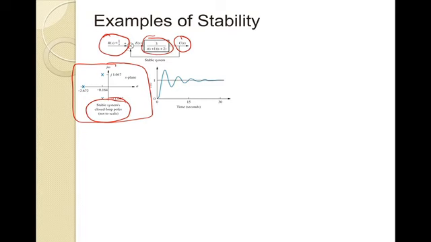From a previous module, we said it's the forward path gain, so it's 3 over S times S plus 1 times S plus 2, over 1 plus the loop gain, which would basically be this term right here, 3 over S, S plus 1, S plus 2.